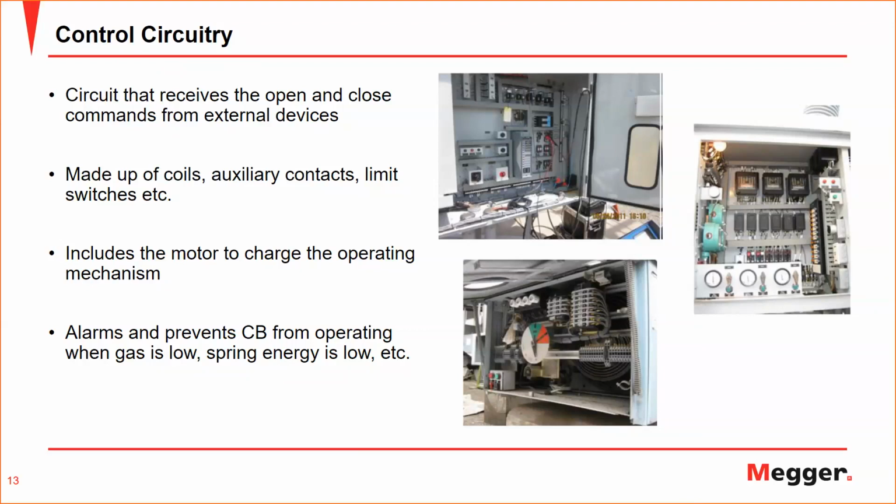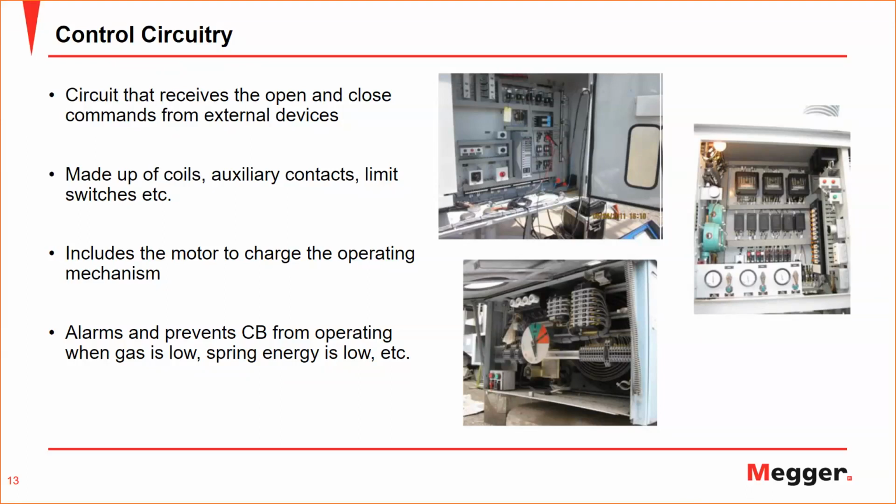Additional things could be, for example, alarms or condition checkers that will prevent any operation, for example in GIS systems, when the gas has a low pressure, or the spring energy is low and it is not fully charged. All of this is available in the control circuitry.